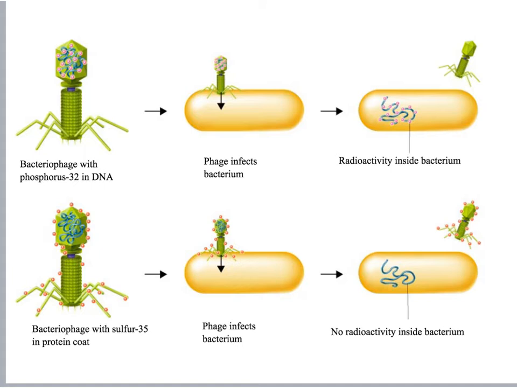Now, here is the phosphorus, which is found in DNA. Okay, so as we see, when the DNA was injected inside, this was what was passed on. The protein coat was not passed on. Again, that supported their experiment and suggested that DNA is the source of the genetic information, not the protein coat.